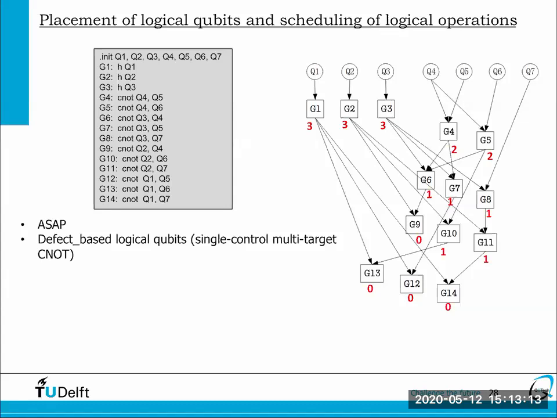We are going to schedule again the operations using an as soon as possible approach, assuming that now qubits are logical qubits encoded using defect-based logical qubits, and with these qubits you can do single control multi-target CNOT operations.